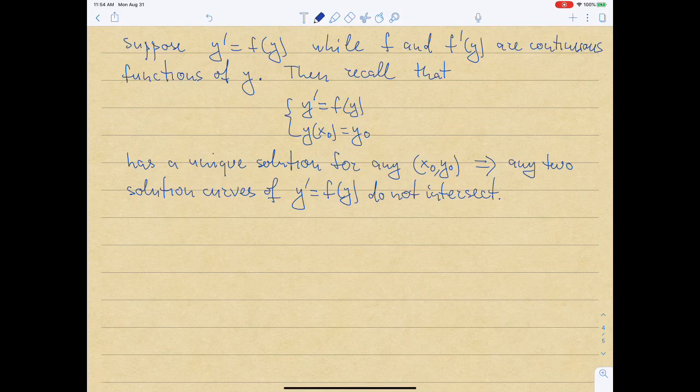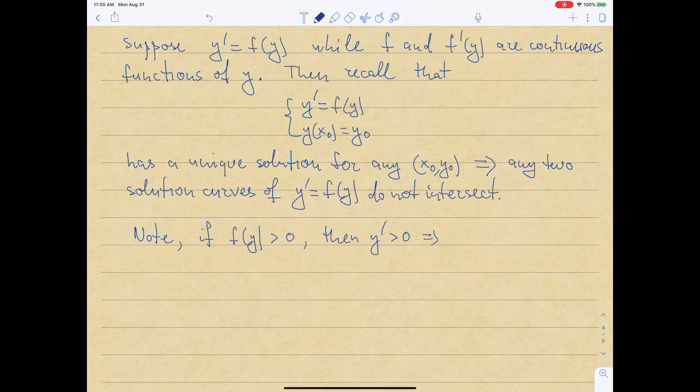So let's note that if f of y is a positive number, then y prime is greater than 0.